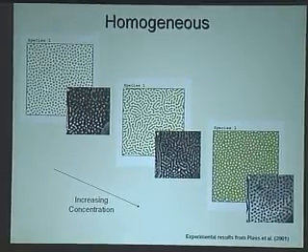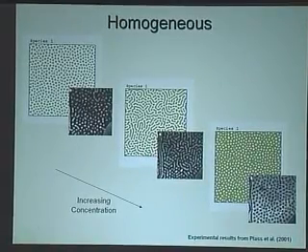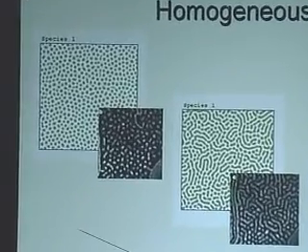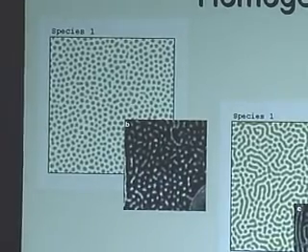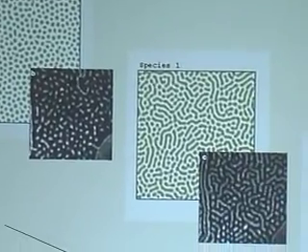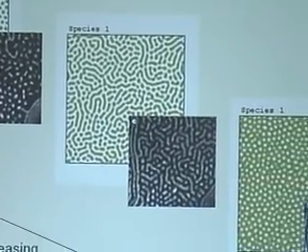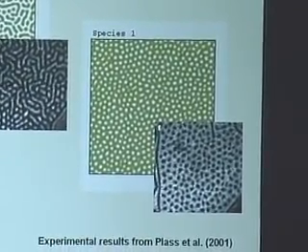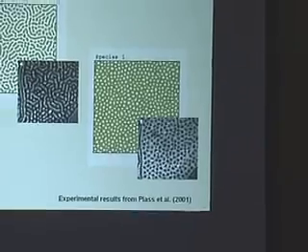If you notice in the experimental results, the white is actually the concentration. So each white dot, let's say in a quantum dot one, is a black dot in our simulation.